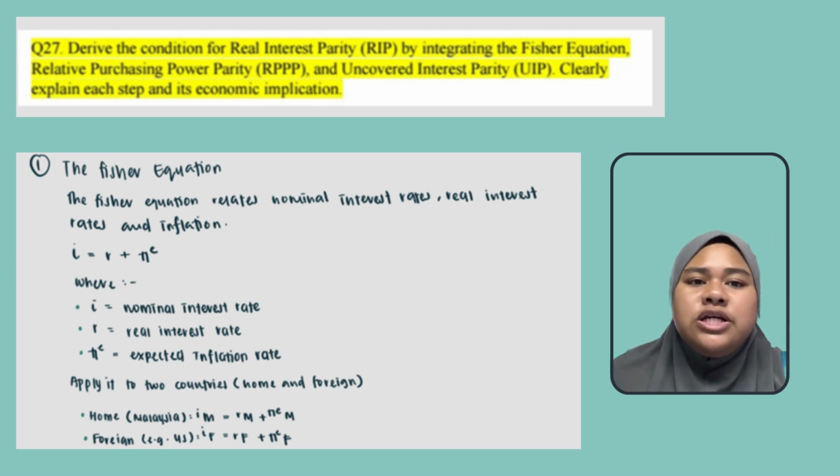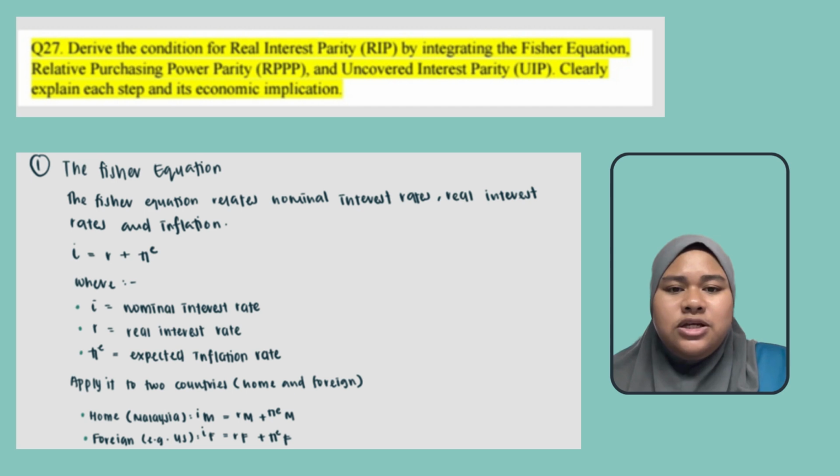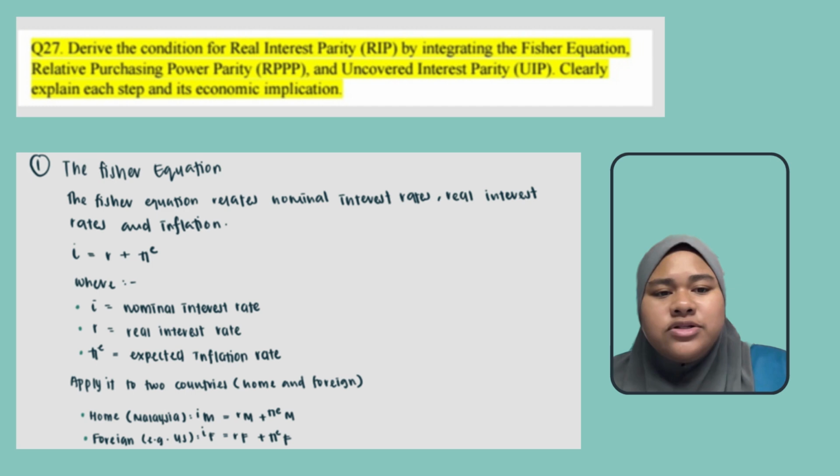The formula is i equals r plus pi, where i is the nominal interest rate, r is the real interest rate, and pi is the expected inflation rate. This applies to both countries: i domestic equals r domestic plus pi domestic, and on the other hand, i foreign equals r foreign plus pi foreign.